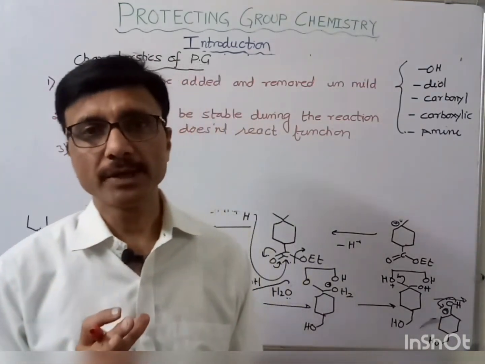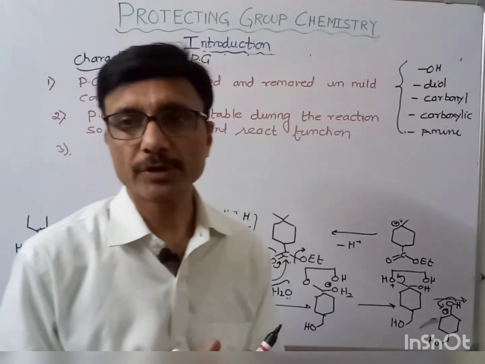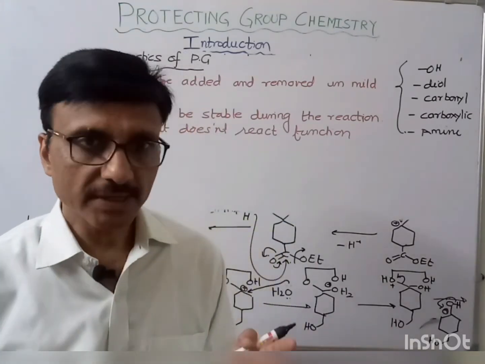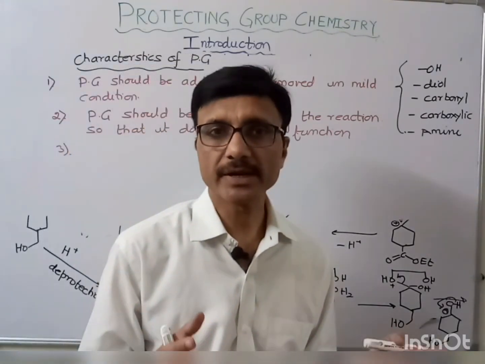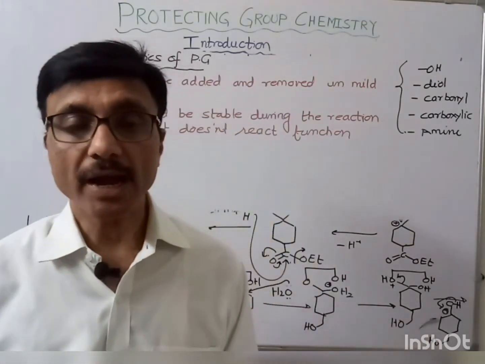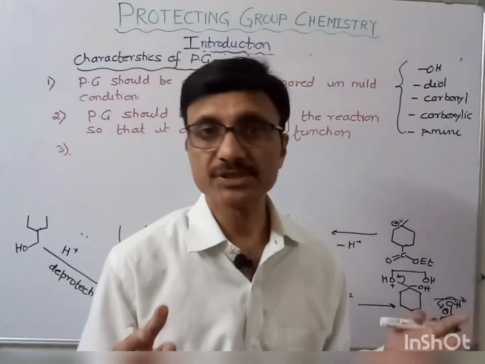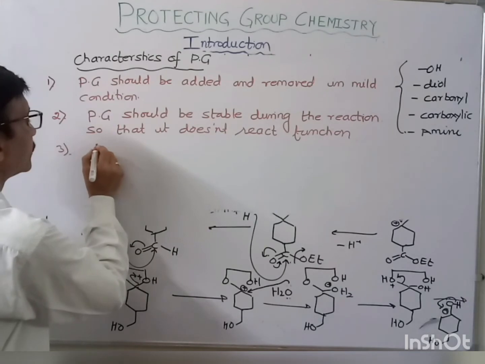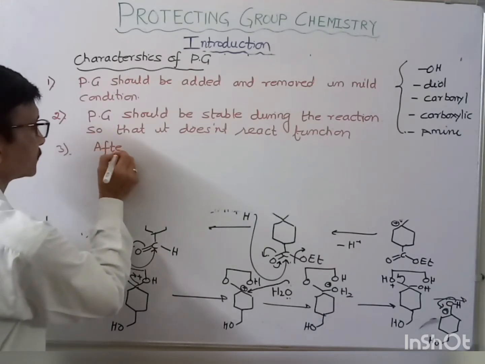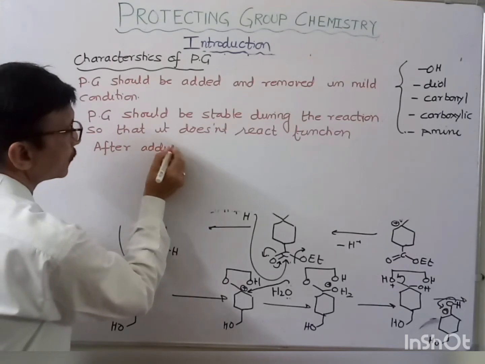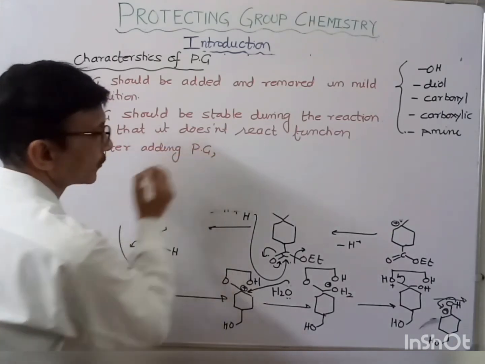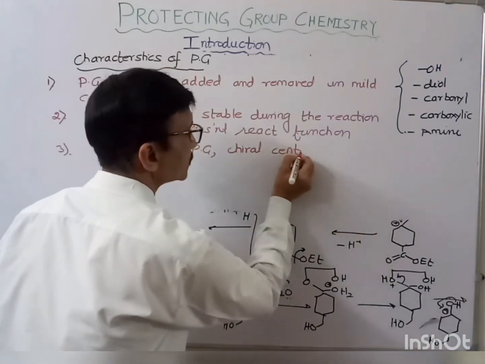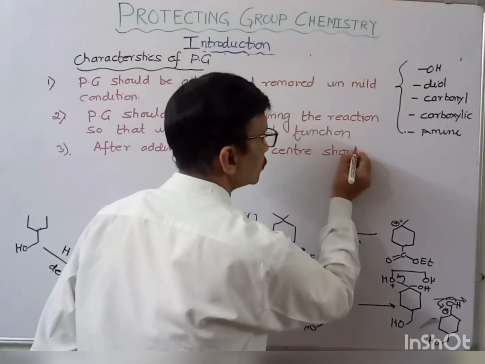Another important feature of the protecting group is that after adding the protecting group, a chiral center should not be developed in the molecule. Otherwise, if a chiral center is developed, we can get diastereomers, which means we will get side products and will not get the desired product.